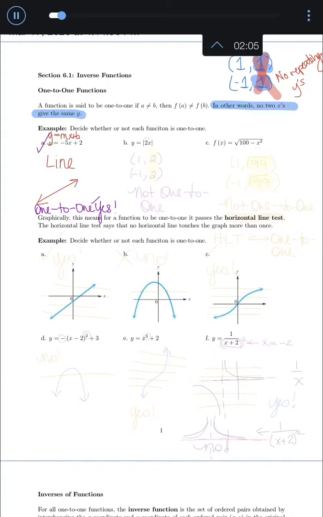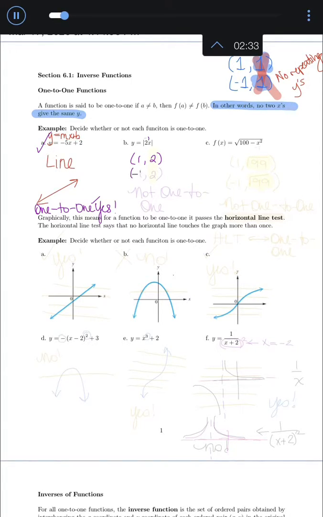Now, B, on the other hand, is an absolute value graph, and it is not going to be one-to-one because there are two different x values that will give you the same y value. Actually, there's a bunch of them. For example, if I plug in 1 to this function, plugging in 1 here will give me 2 times 1, which is 2. The absolute value of 2 will give me 2.